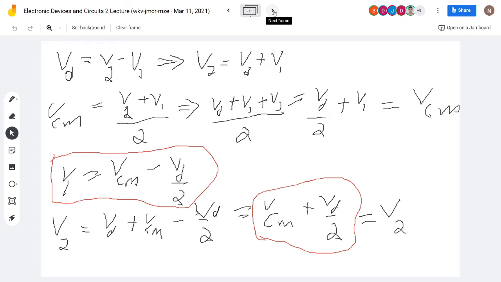So what we need to do now, ladies and gentlemen, is to plug in what V2 is in terms of VD and VCM and what V1 is in terms of VCM and VD, right? So let's do that.